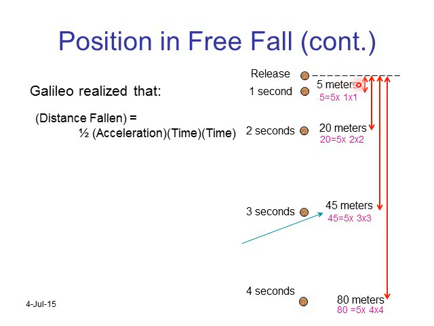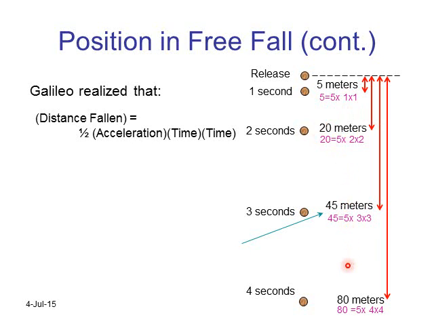So if we want to measure the distance here, as we release it, at that first second, it goes 5 meters. Well, that's 1/2 the acceleration due to gravity, which is 10 meters per second squared, and then the time is 1 second squared, so 1 times 1. And then at 2 seconds, we get 1/2 the acceleration due to gravity, which is 10, and then 2 squared, and you find out that that's 20 meters.